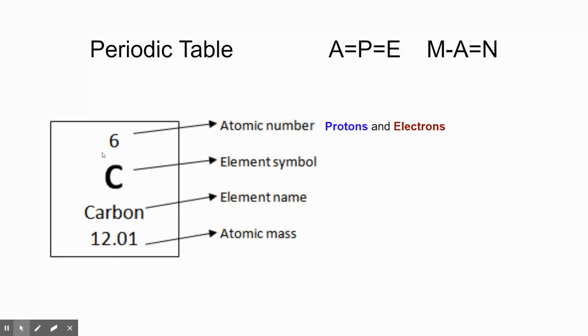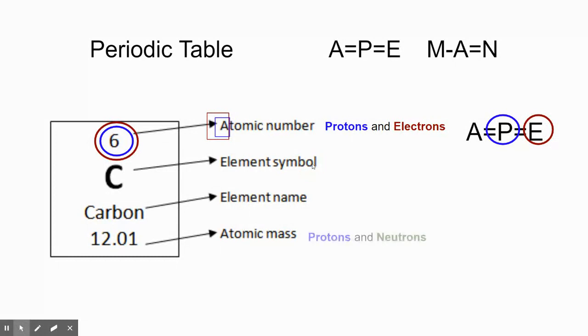So for this carbon atom, the 6 up here tells us there's 6 protons and 6 electrons. P is for protons, E is for electrons, and that is what the atomic number tells us.